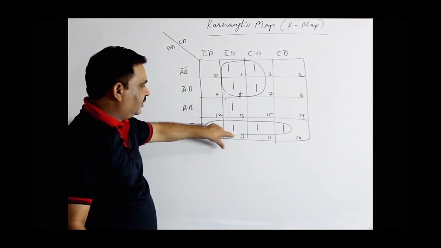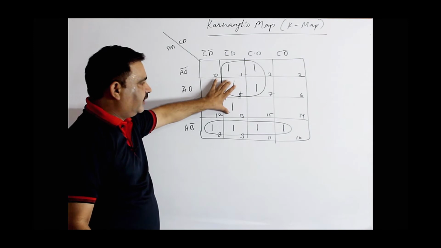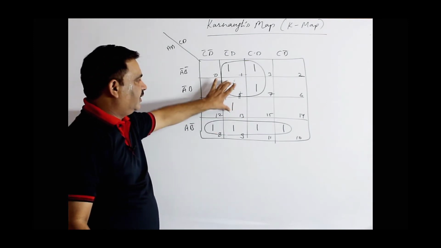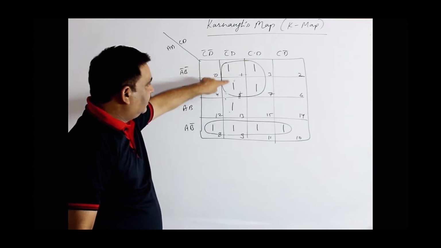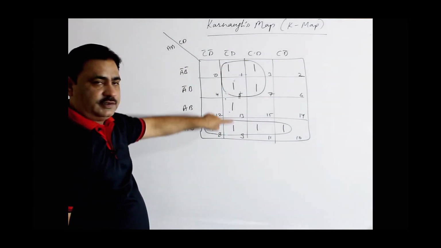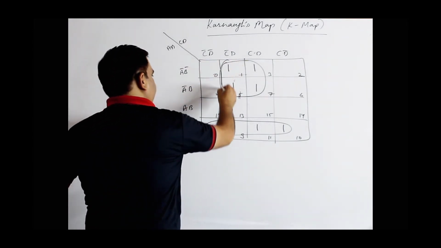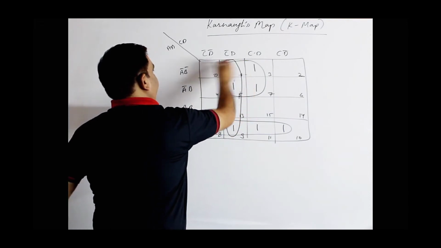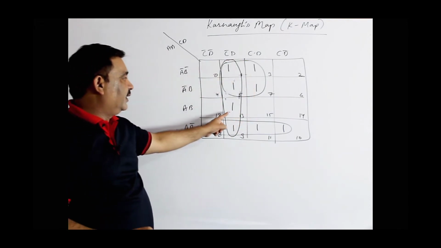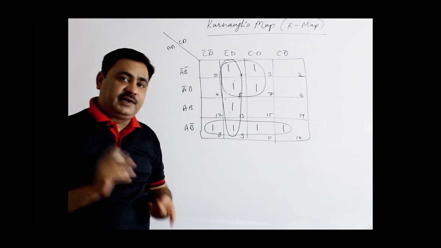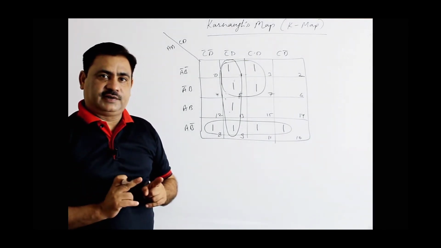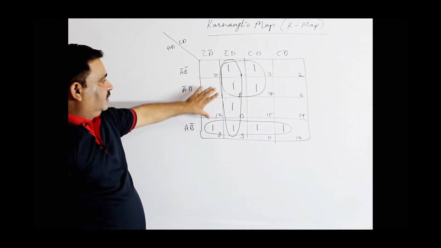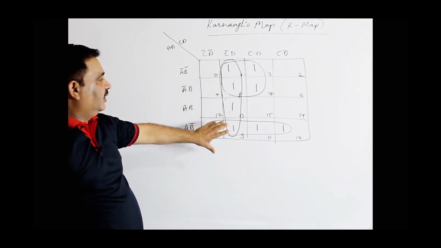You can form pairs here, here and here, but this one also comes in a quad. So you have to form this quad. Give preference to the quad, even if a single one is there. If it is coming in a quad, make it a quad. Do not form the pair. So these are the ways you can form the quads.